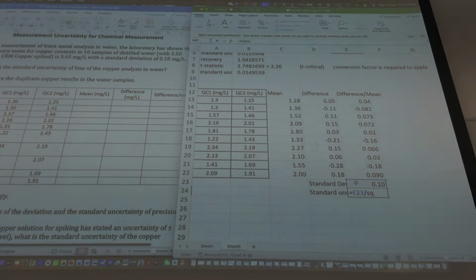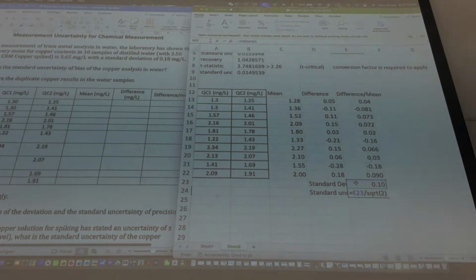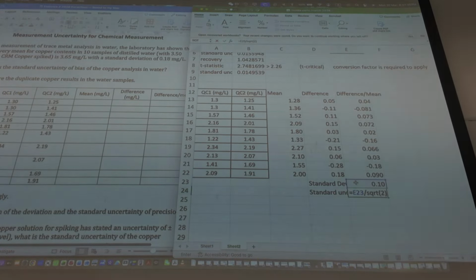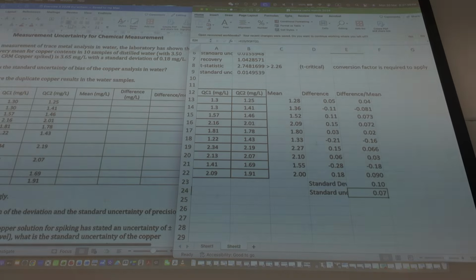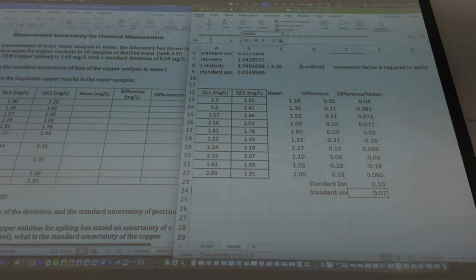Square root of what? 2. This is the default of 2 because it's paired data. Okay, remember that.